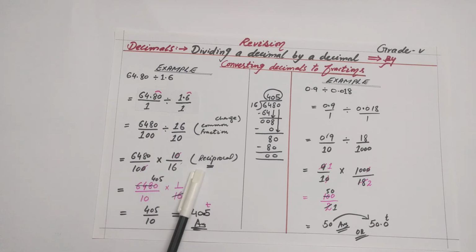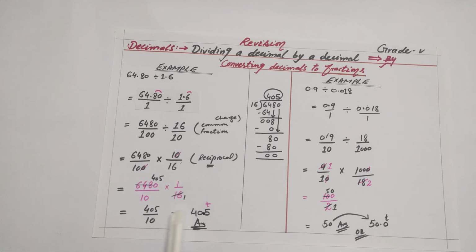In the reciprocal, the numerator is replaced by the denominator, and the denominator takes the position of the numerator. We just change the places of the numerator and denominator. After this we will find the lowest term of the fraction, and for this purpose you have to find the common factors. It's up to you how you want to cross out these numbers by using the common factors.